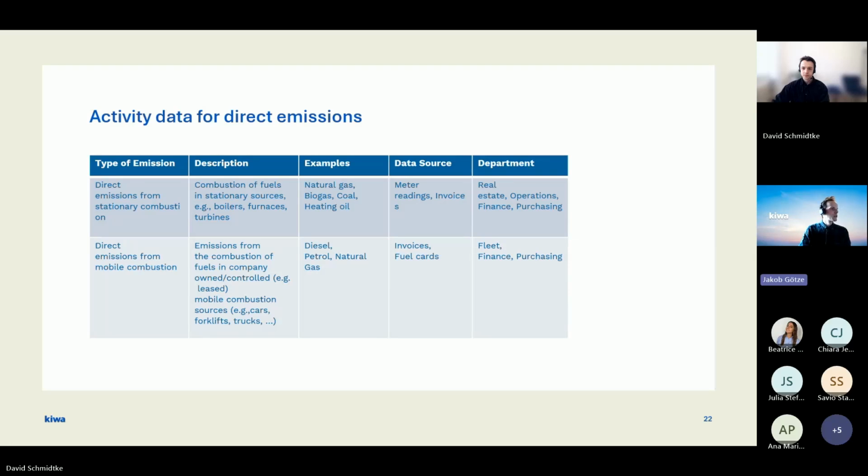And usually fuels are natural gas, biogas, fuel oil. And the data sources for those emission sources might be meter readings or invoices or logs or different sources which include the number in kilograms, cubic meters, kilowatt hours of those fuel combusted.